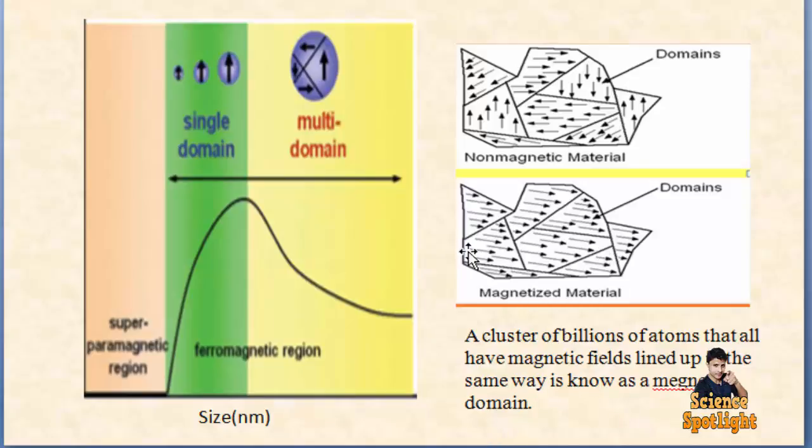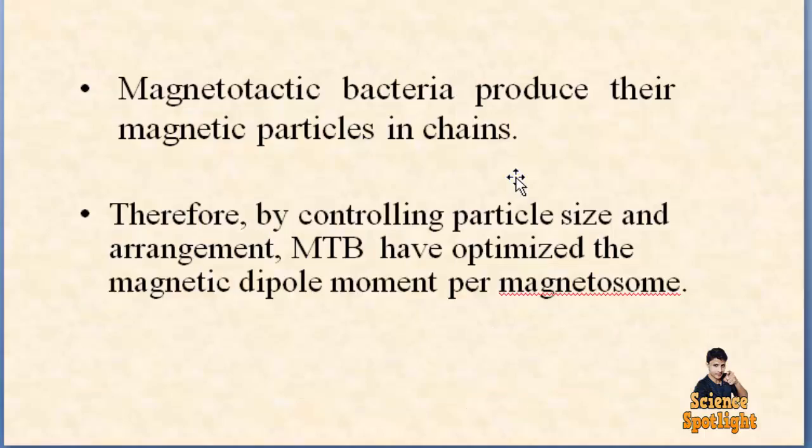Here you can see all the atoms present in this element have magnetic fields lined up in a single direction, whereas here there are multiple domain walls. Some atoms are oriented in one direction and others in another direction, hence the net magnetic dipole moment is zero.